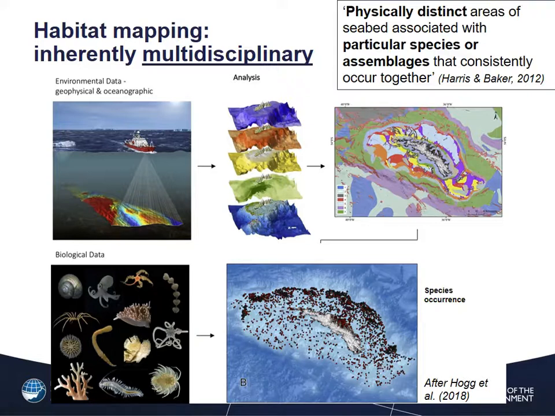So we use the environmental data to predict where certain species occur, or at least we classify the environmental data to know which different types of habitats we might have in the ocean, and we then try to combine that with the biological species or communities that might occur there. And throughout this whole process of marine habitat mapping, the National Oceanography Centre in Southampton has a lot of expertise.